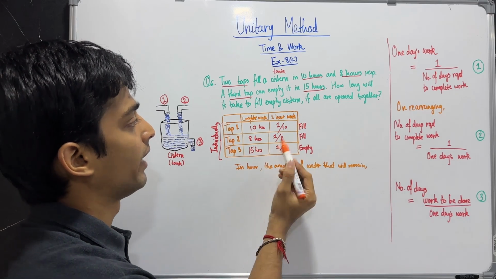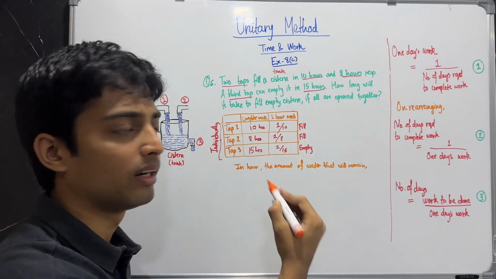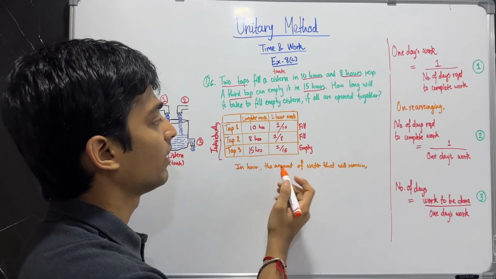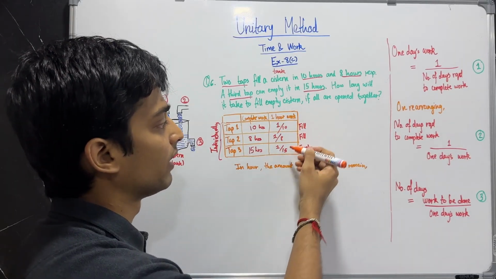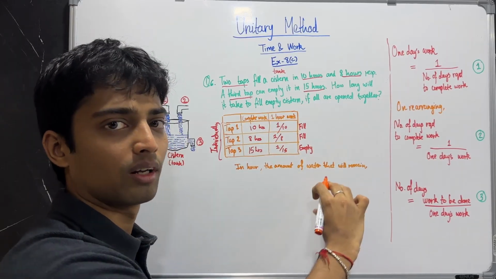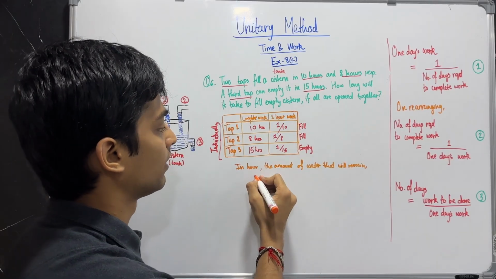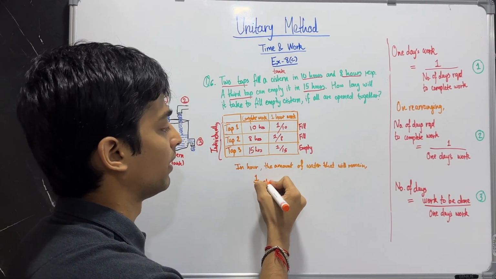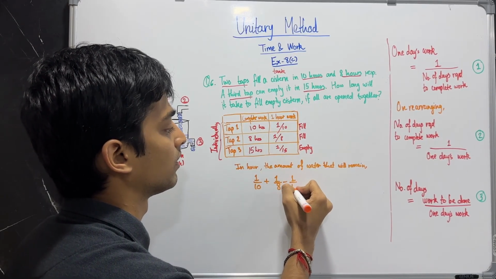By tap 1, 1 upon 10 is filled, by tap 2, 1 upon 8 is filled, and by tap 3, 1 upon 15 is emptied. So we will add these two and subtract this. For 1 hour, that much water is remaining in the tank. So we will write 1 by 10 plus 1 by 8 minus 1 by 15.